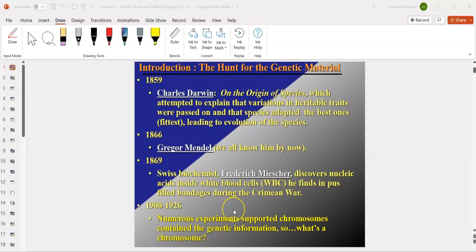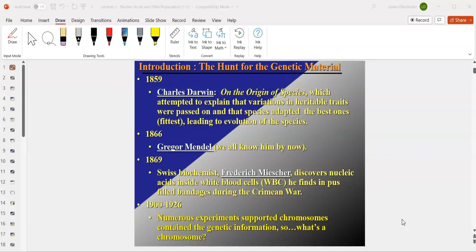And then in the 1900s and 1926, there were a lot of experiments that supported that chromosomes contain the genetic material, but no one was really sure what a chromosome was. So this is a relatively recent thing we're going to talk about. And a lot of this, again, is just going to be review.